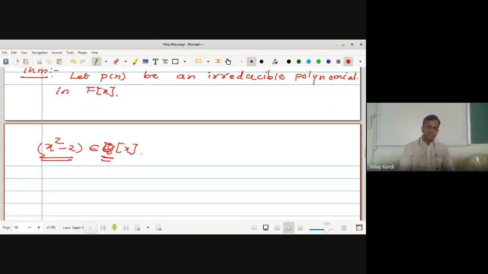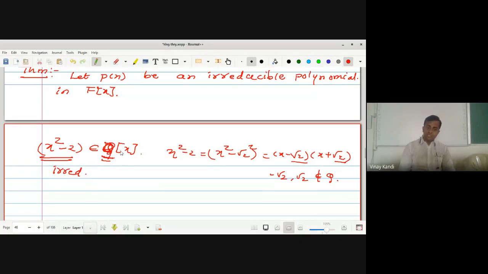Because Q is the set of rational numbers. x square minus 2 can be written as x square minus root 2 whole square, which is equal to x minus root 2 times x plus root 2. But root 2 and minus root 2 are not members of Q. Hence this x square minus 2 is irreducible.